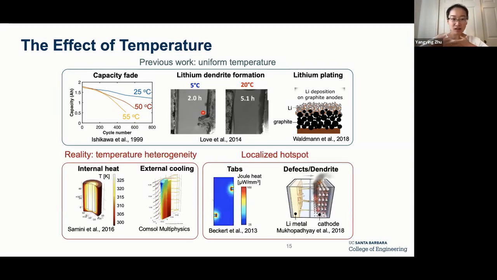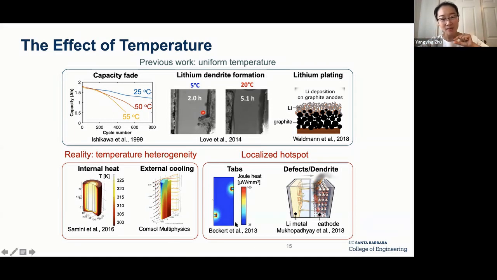But for a modern understanding, in reality, as I mentioned, a battery can have temperature heterogeneity due to internal heating or due to how you cool the battery, external cooling. You can also have localized hotspots within batteries. When you have a large capacity battery, the battery electrode is contacted to the external circuit through a tiny pad, a contact tab.